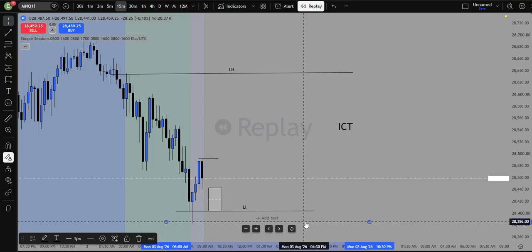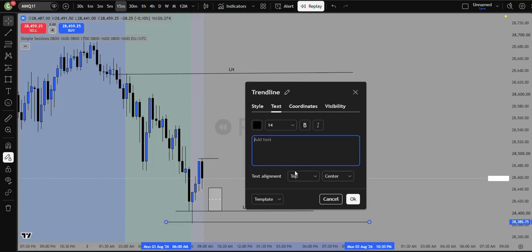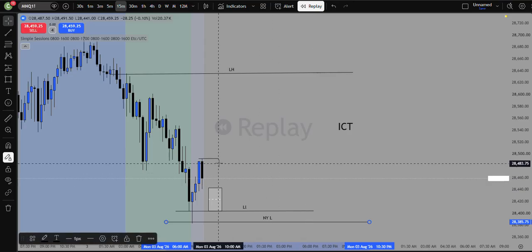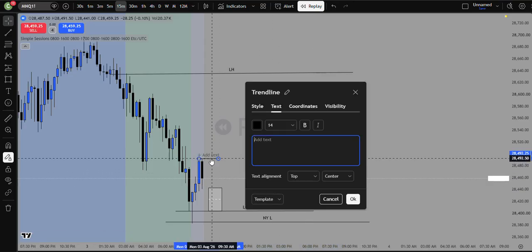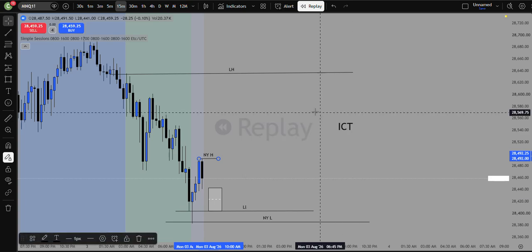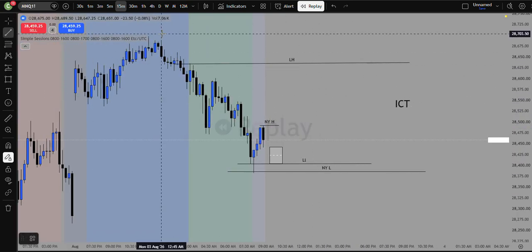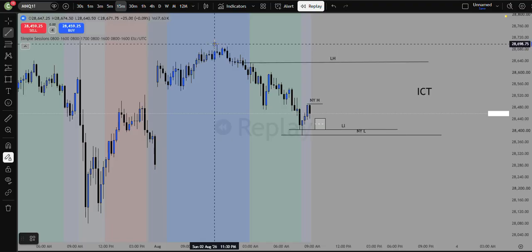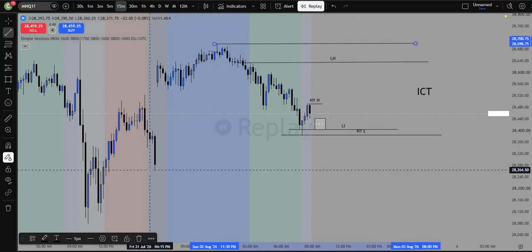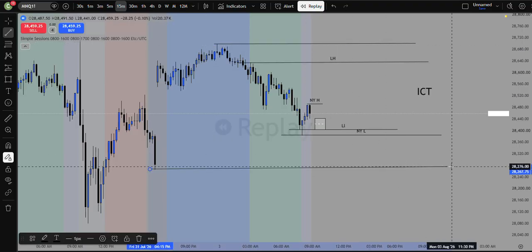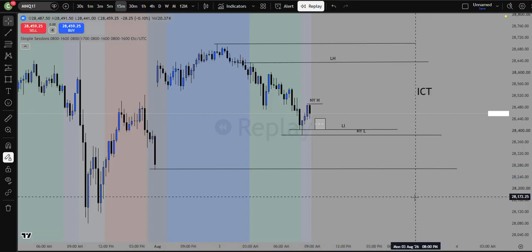And then we have NY low, and over here we have NY high. Once we have all of these marked, of course we can always mark the Asian high and Asian low. All of these are important.